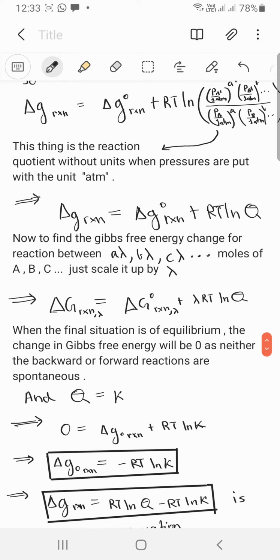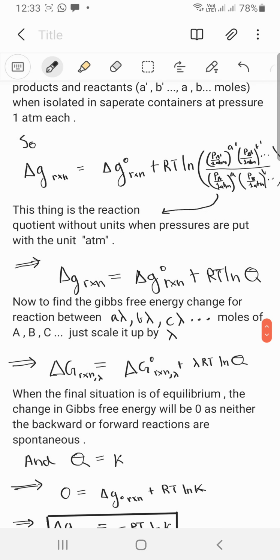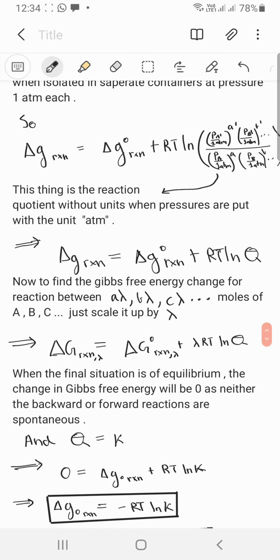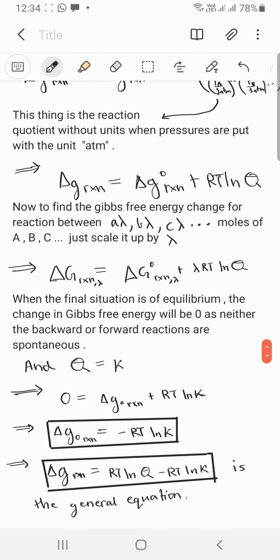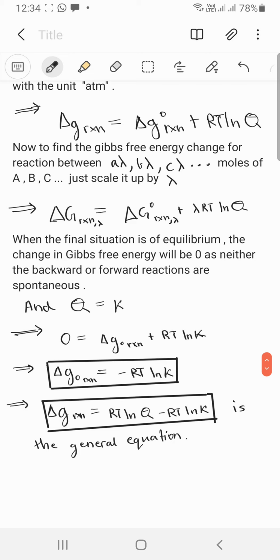Now this thing is the reaction quotient of the mixture, but just without the units, and we have to put the pressures in with the unit atmosphere and then remove the units which you get and then take the natural log. Okay, so from this we get this equation, delta G reaction equal to delta G standard reaction plus RT natural log Q, where Q is the reaction quotient.